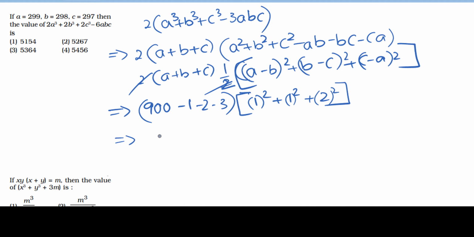If you subtract 6 from 900, it is 894 into (1 square plus 1 square plus 2 square), 4, 5, 6, 6. So we just need to multiply with this. 6 4s are 24, 6 9s are 54 plus 2, 56; 6 8s are 48 plus 5, 53, 5364.